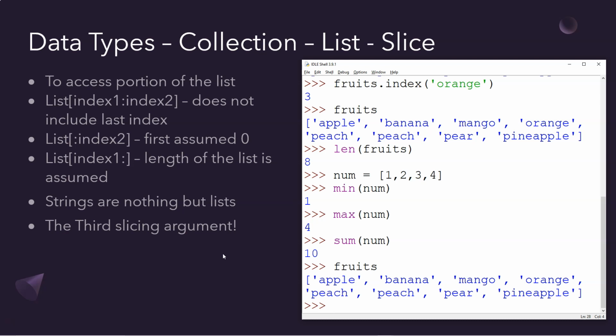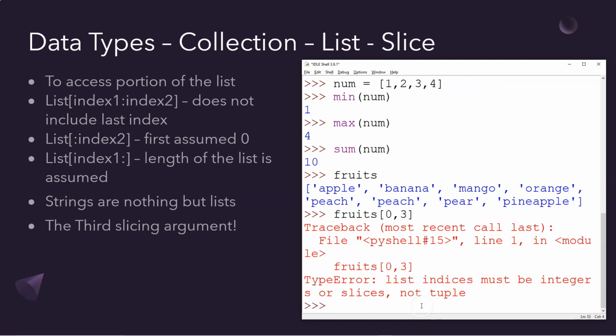In that case, we pass 2 indexes, index 1 and index 2, and it does not include the last index. For example, if I say fruits 0 to 3, it will give me a portion starting from the 0th index, including the 0th index, which is apple, then 1, then 2. It won't include 3. So it will give me the first 3 elements.